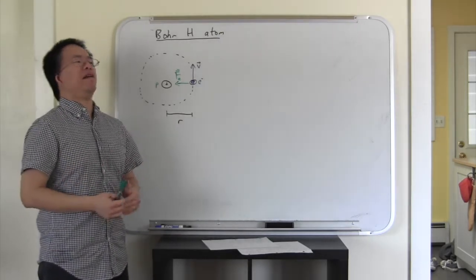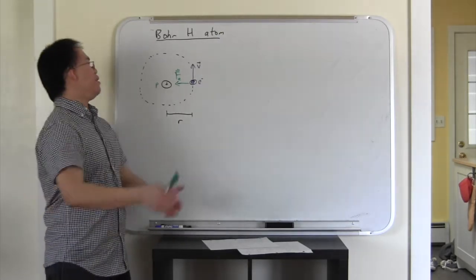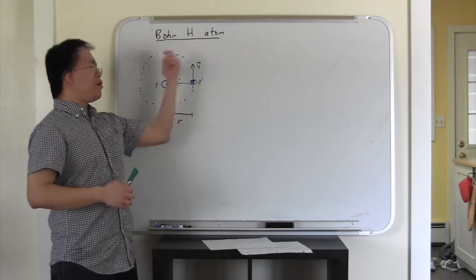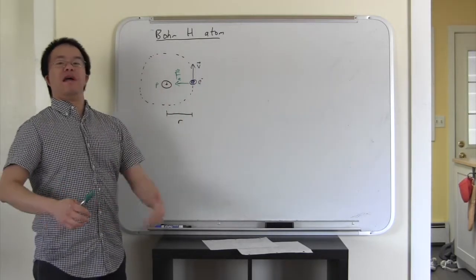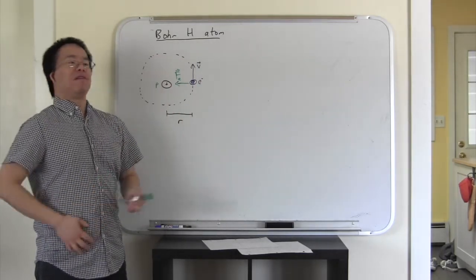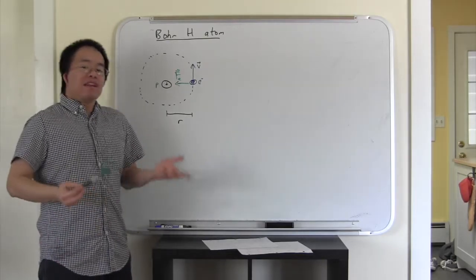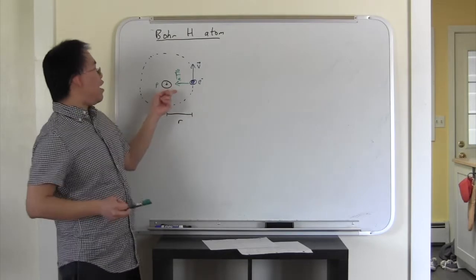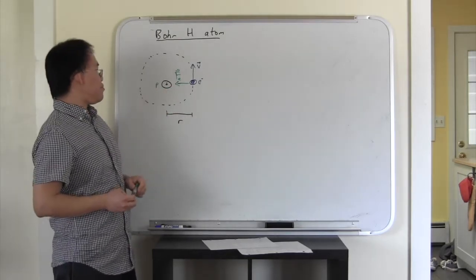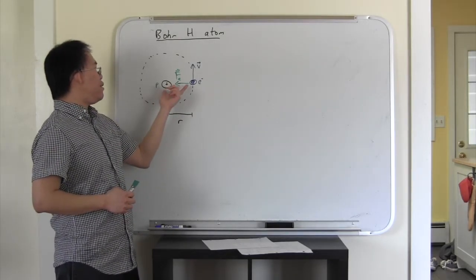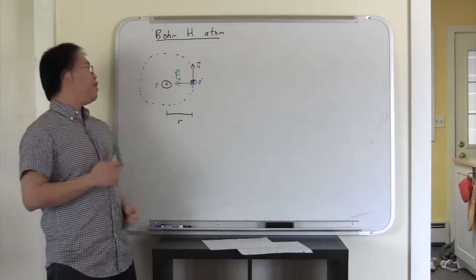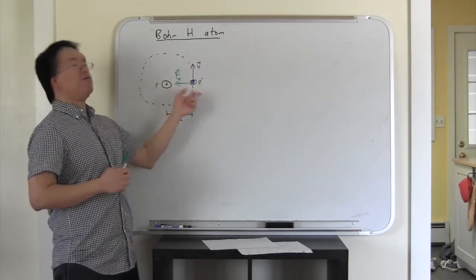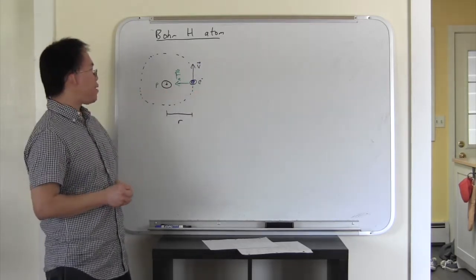Because if you have something that's going in a circle, there is a radially inward acceleration, which means that you need to have a radially inward net force. That's exactly what this electric force is. And notice that the force is attractive because we have two opposite charges here.